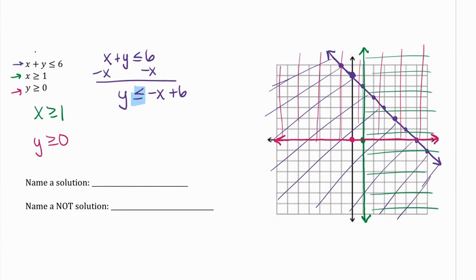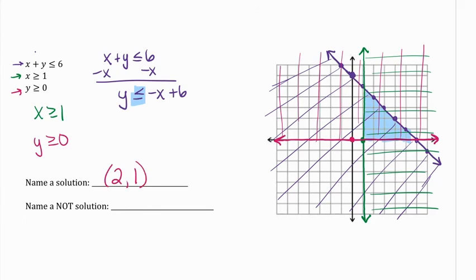So now we kind of have several different pieces of our graph there, but there is one spot right in the middle, right in this little triangle right here, where all 3, purple, green, and pink, all overlap. So that's where our solutions are, right? So a solution in that inequality, I could pick 2, 1.